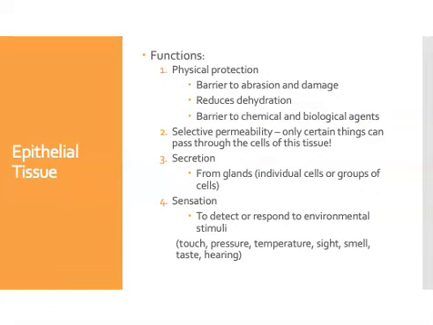Now, in addition to physical protection, epithelial tissue also provides selective permeability. We talked about selective permeability when we talked about membranes. All of the membranes in your body are selectively permeable. It becomes especially important in epithelial tissue because epithelial tissue is what lines the outside of your body and the inside of your body cavities.